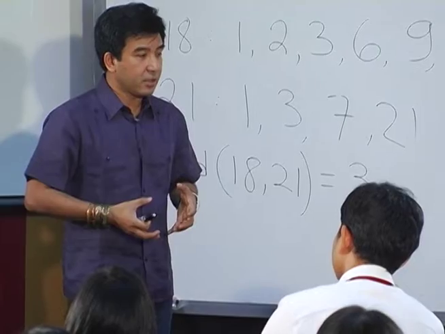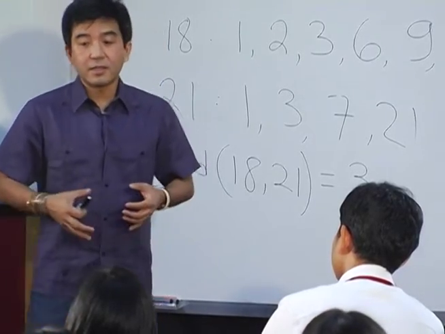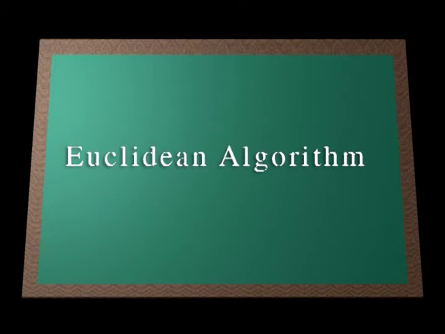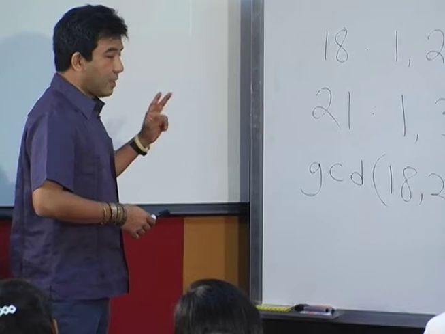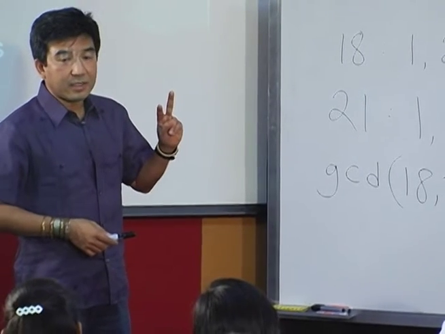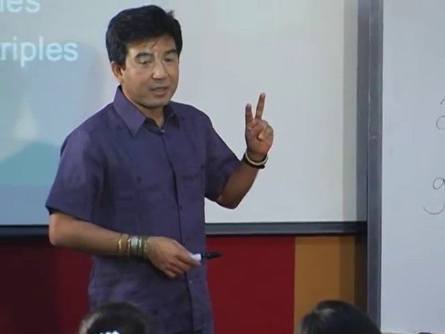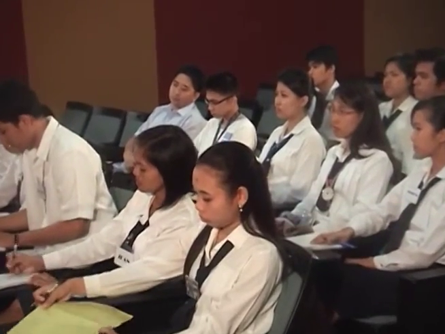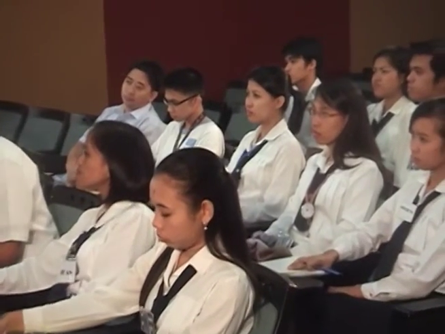So we need a very special technique in getting the GCD. This technique was provided by the Greeks. It is called the Euclidean algorithm, and I will teach you the Euclidean algorithm. Again, the concept of GCD is very important for the study of numbers and their equations. This is why I am beginning this lesson by talking about the GCD.